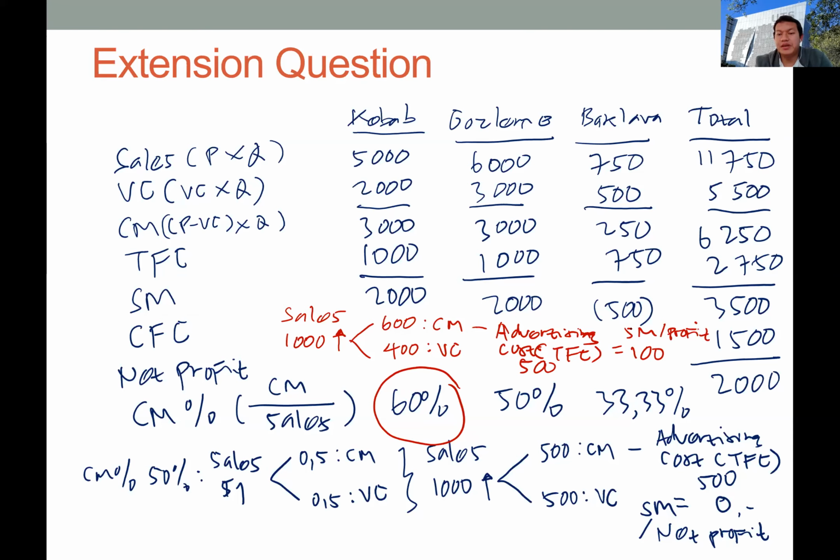Okay, which is much better than promoting Gozlimi, right? So now the company has additional profit and segment margin if they decide to promote kebab instead of Gozlimi. Okay, so you have to remember the principle that the company should promote, or maybe if they're thinking to increase the capacity or increase the production, they should prioritize the most profitable product, which is reflected in the highest contribution margin ratio.